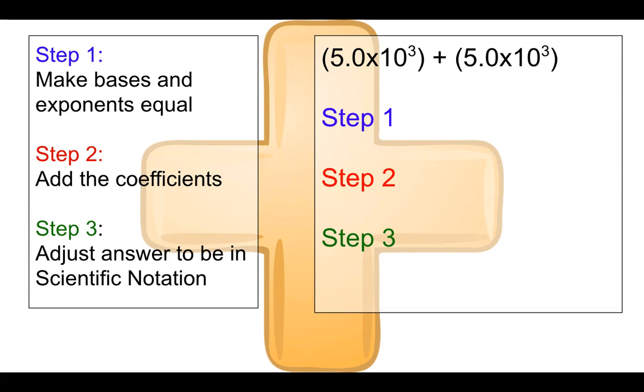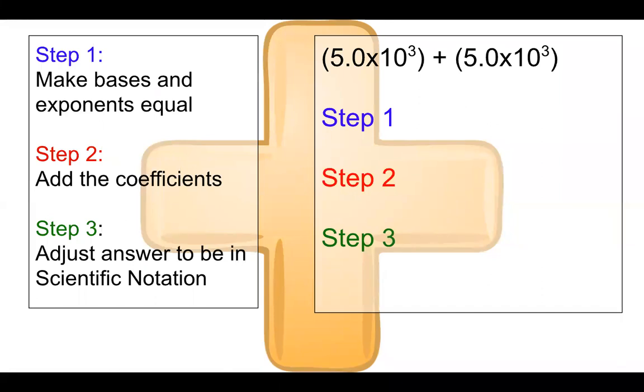The base 10 was already the same, so we didn't have to do any changing, but we have to sometimes change coefficients, by either adding them, if that's the operation that is called for, or subtracting. That's according to the problem. Okay.